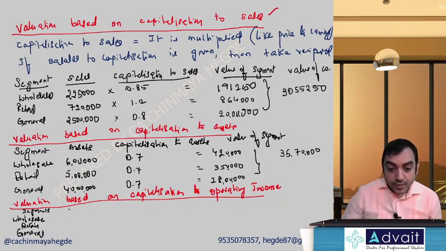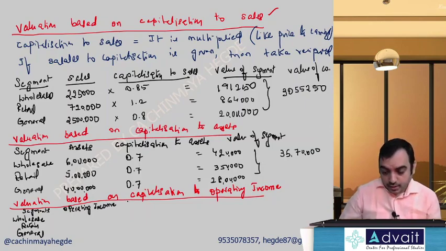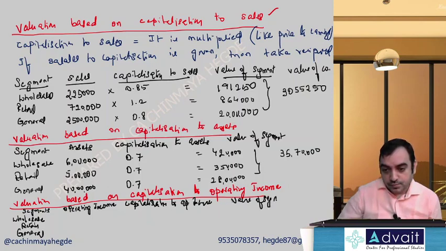So we have operating income here as a numerator, as a heading. Then capitalization to operating income. Value of segment. Then the value of company, of course.